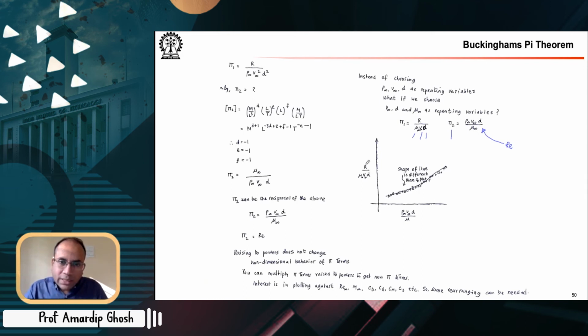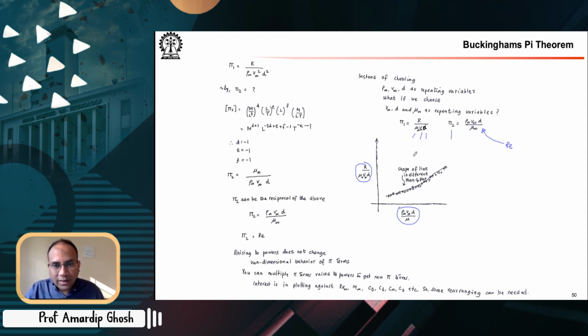But you can still run the experiment and plot this against this. You still have that advantage of a small amount of experiment generating data that can be extrapolated or interpolated to get the drag force on a cylinder of a certain diameter in a fluid of a certain rho and mu, which do not fall exactly on your test points.